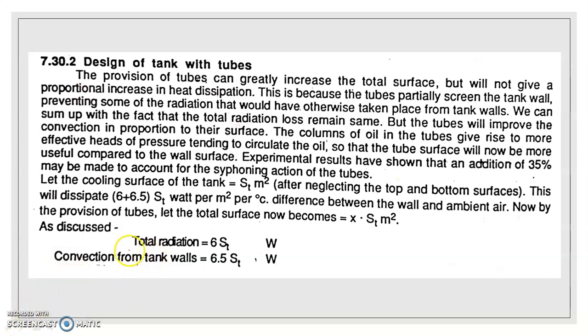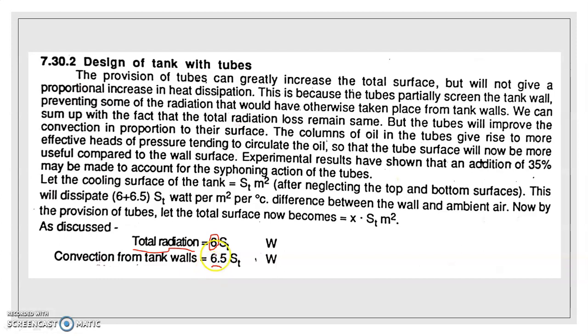Now you can see here the total radiation is 6 into St. 6 is the natural cooling by radiation, that is 6 watt, and for convection it is 6.5 watt.